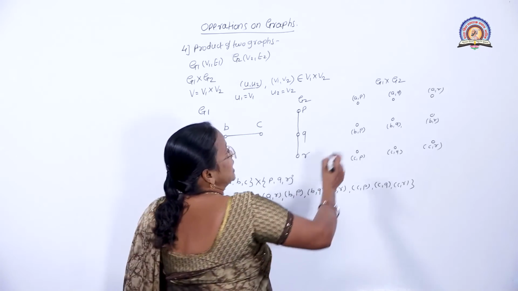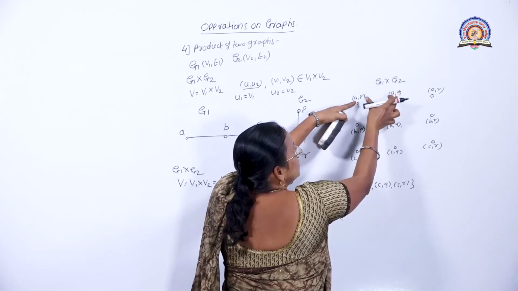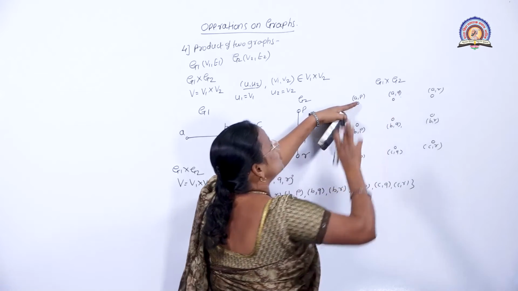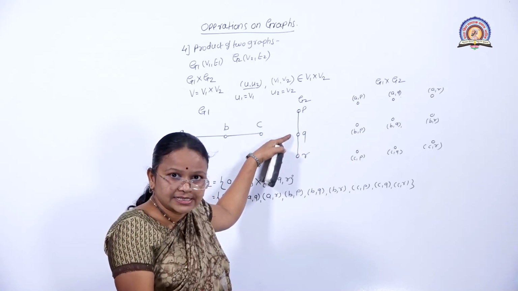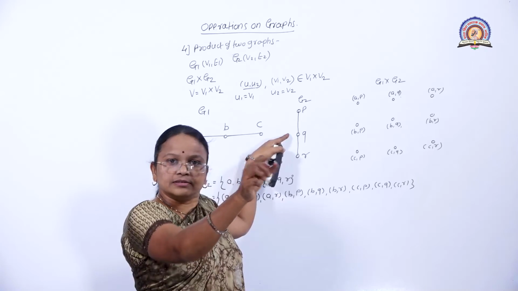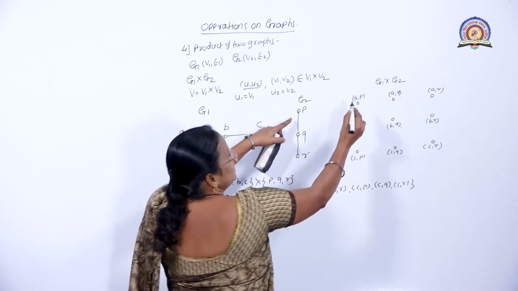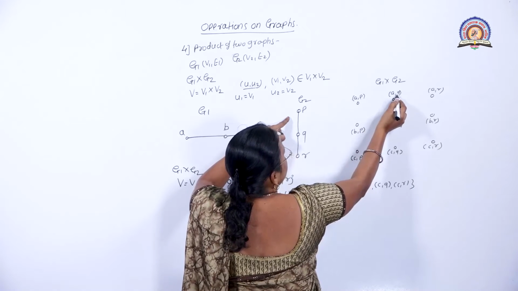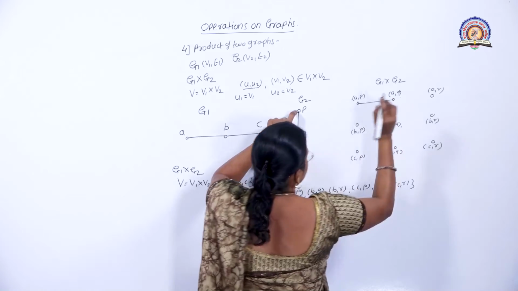So see here, AP, AQ: A is fixed, so check whether P and Q are adjacent in G2 or not. If they are adjacent in G2, then join those two vertices. Here A is fixed, P and Q are adjacent in G2, so we join them.